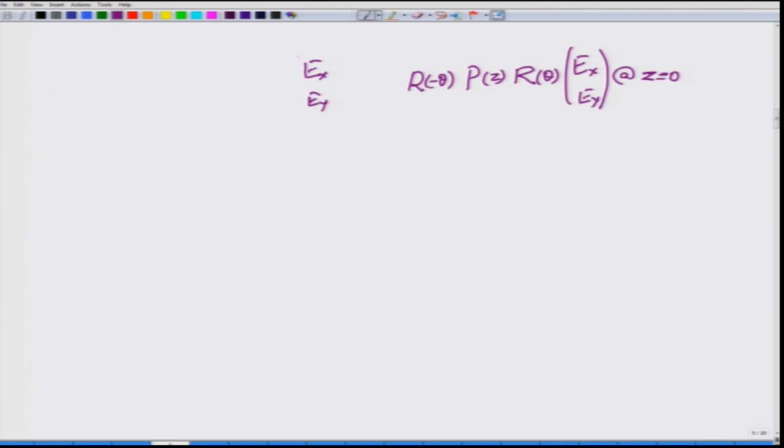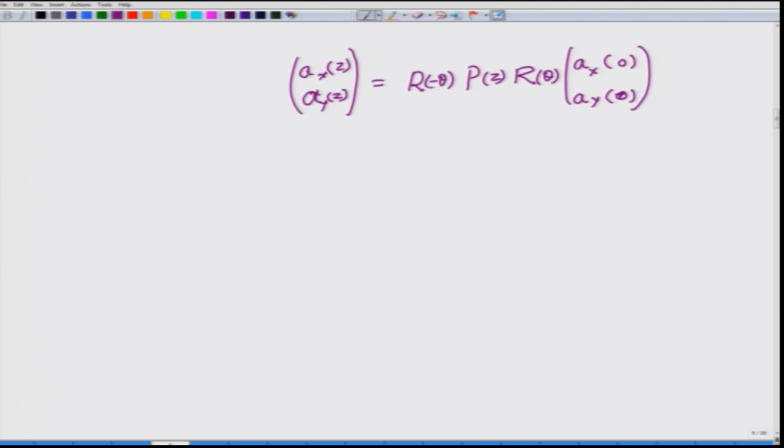Once you follow this procedure, what you get is a Jones vector at the output. So, instead of writing this at z equal to 0, let me write it in this way: Ex at 0, Ey at 0. And instead of dealing with electric field, you may want to deal with the pulse envelope, that is another thing that you can do. So, you can actually deal with Ax of 0, Ay of 0, and Ax of z, Ay of z.